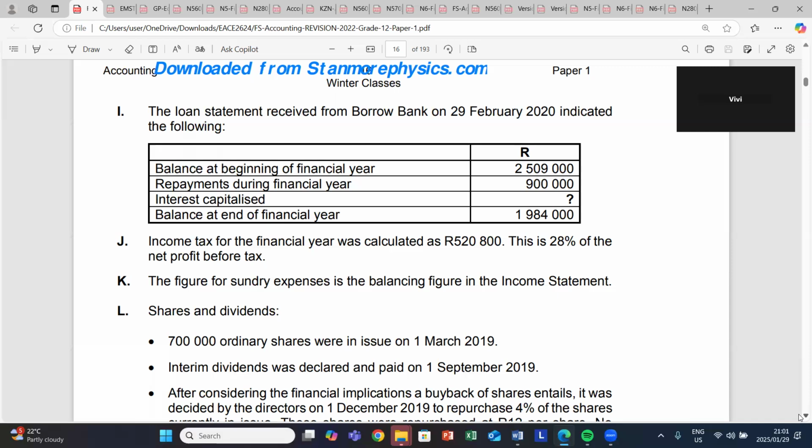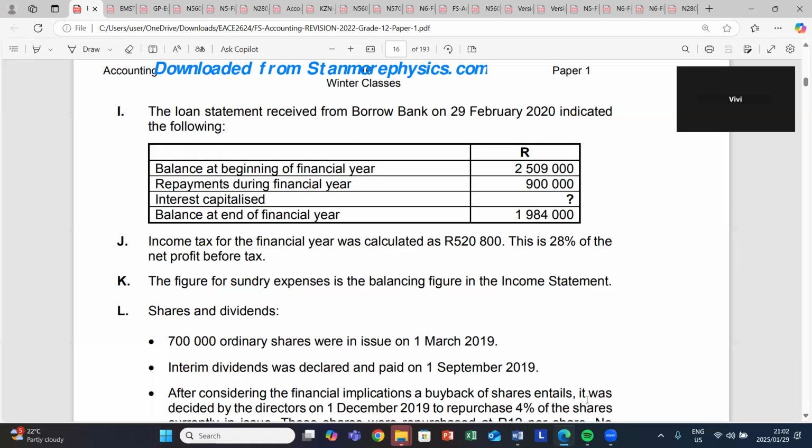How do you get the balance at the end? I'm gonna say balance at the end of the financial year, and then I'm gonna plus it with the repayments, and then minus it with the balance at the beginning, and then it gives me the interest capitalized.